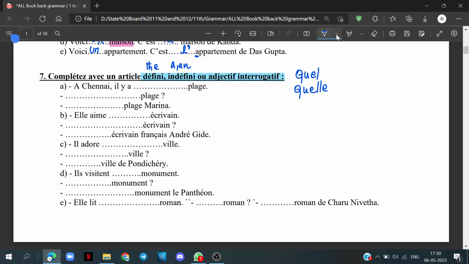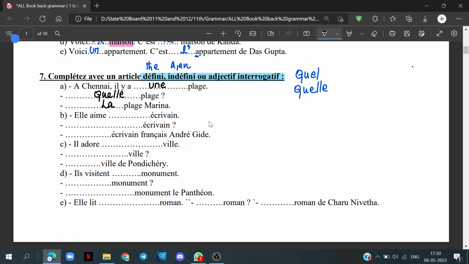Okay, so, à Chennai, il y a une plage. At Chennai, there is a beach. The next question has a question mark. So the word beach is feminine, no? So same thing. Which beach or what beach? Then they say the Marina Beach, because specifically the name of the beach is Marina. So we say the Marina Beach.